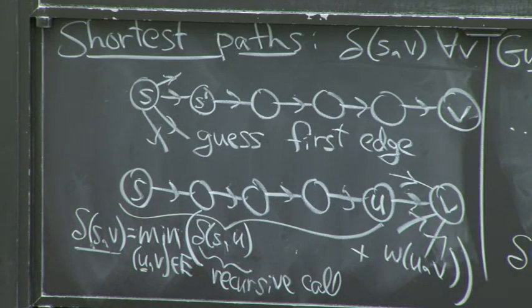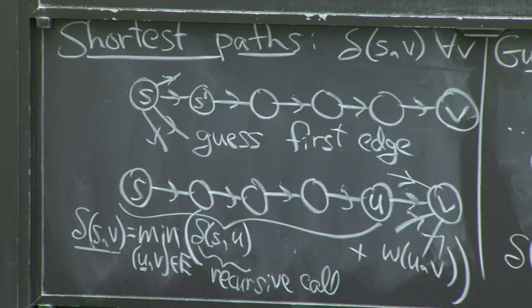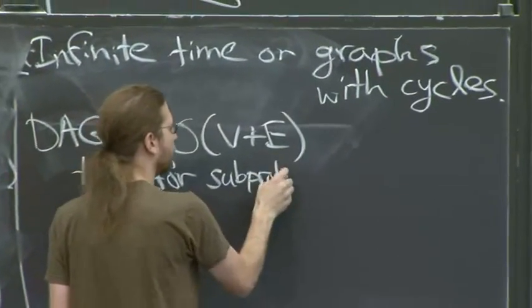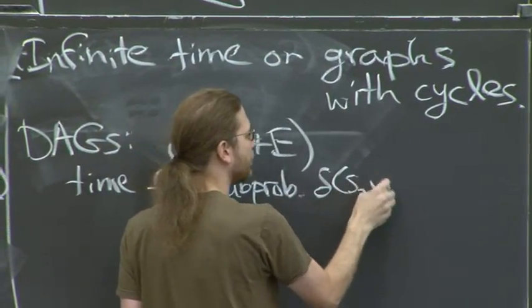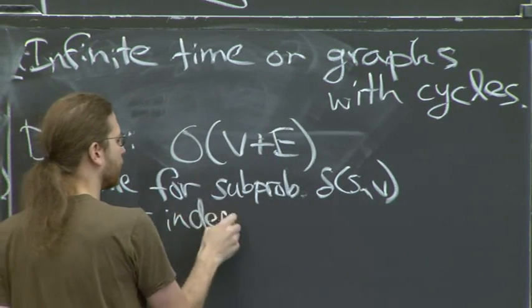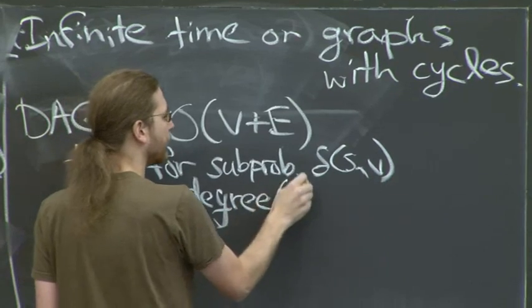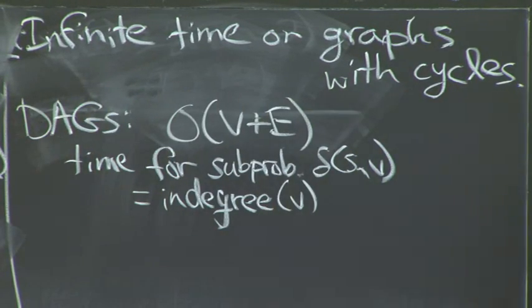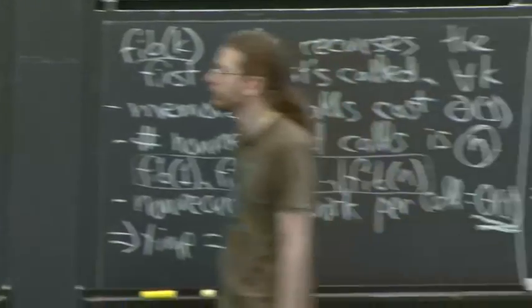So time for subproblem delta of S comma V is the in degree of V, the number of incoming edges to V. So this depends on V, so I can't just take a straightforward product here. What this is really saying is you should sum up over all subproblems of the time per subproblem.